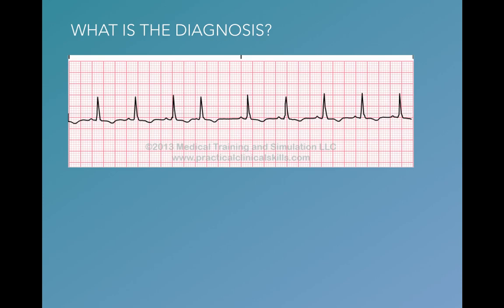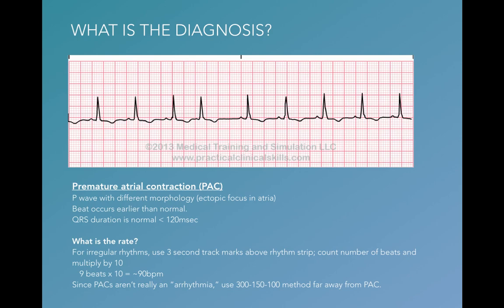There's one that happens to be a little shorter than the other. And you might also notice, if you look closely, that the P wave is smaller and not identical to the other P waves. So that gives you the diagnosis of a premature atrial contraction.